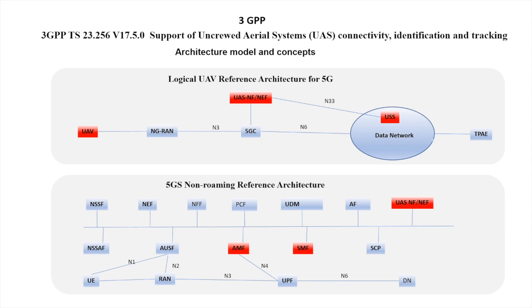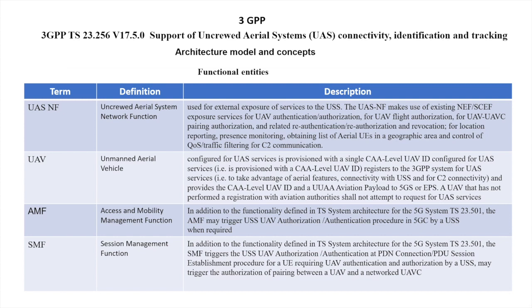The 5GS non-roaming reference architecture shows existing, new, and modified components and the interaction between them. Access and Mobility Function, AMF, Session Management Function, SMF, and Network Exposure Function are modified, and UAS-NF is a new function element. Roaming reference architecture has similar changes. This table shows a detailed description of new and modified elements.